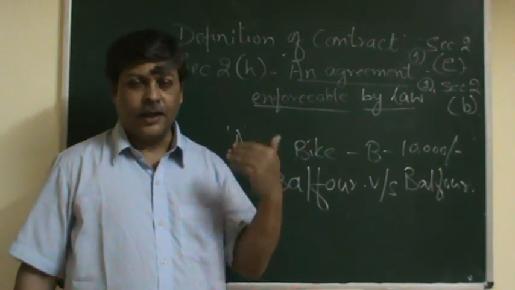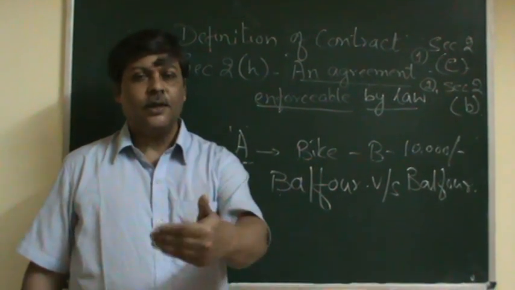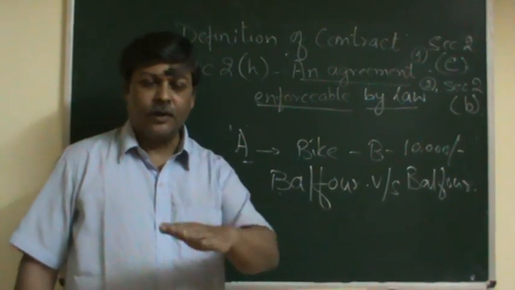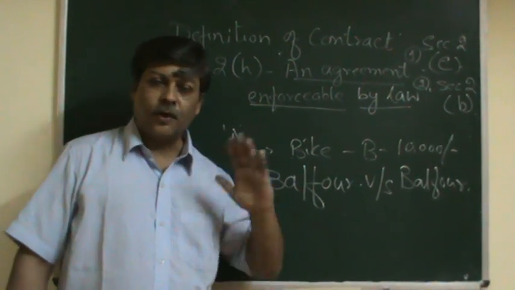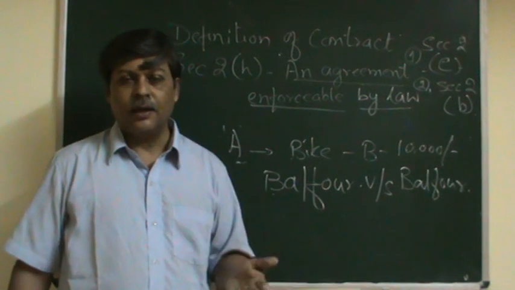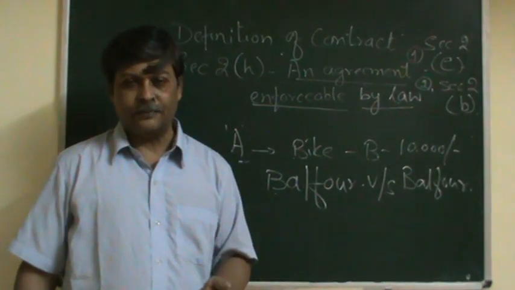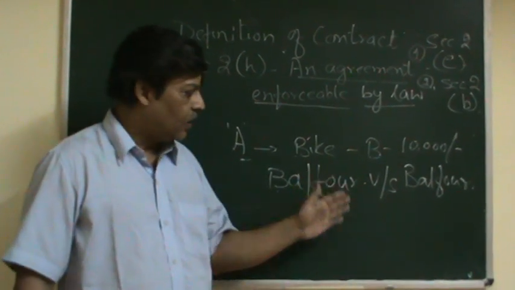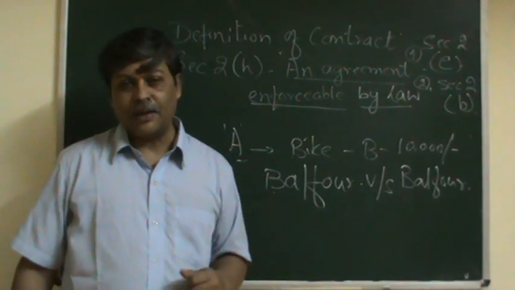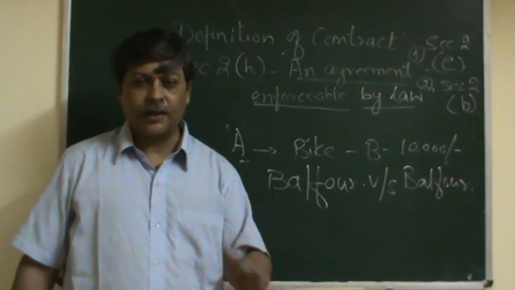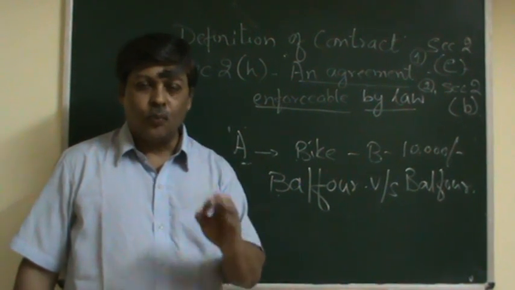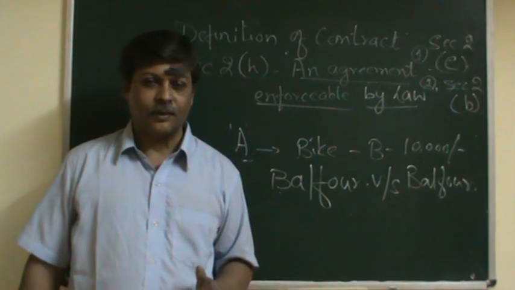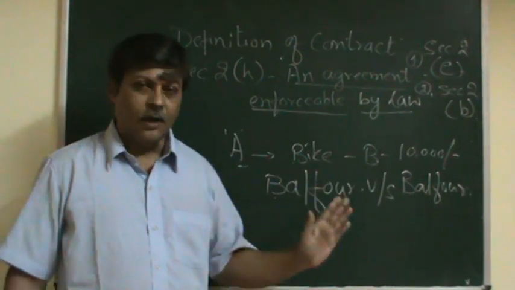From London he agreed that he would send a certain amount to Mrs. Balfour. Promising this to his wife, he goes to London. After going to London, he never sends the money. And Mrs. Balfour files a case against her husband to claim the amount, as he has not kept up his promise. Now, whether such an agreement is enforceable in the court of law.